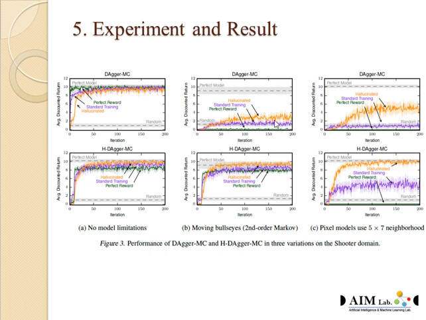In every case, applying H-DAgger-MC to the policy and the reward gives the best result in each column, and for each picture, H-DAgger-MC applying the hallucinated version of the reward model, trained on the hallucinated states, gives the best result.